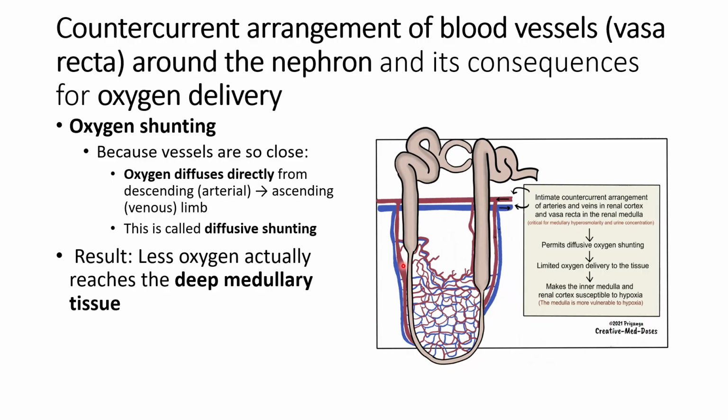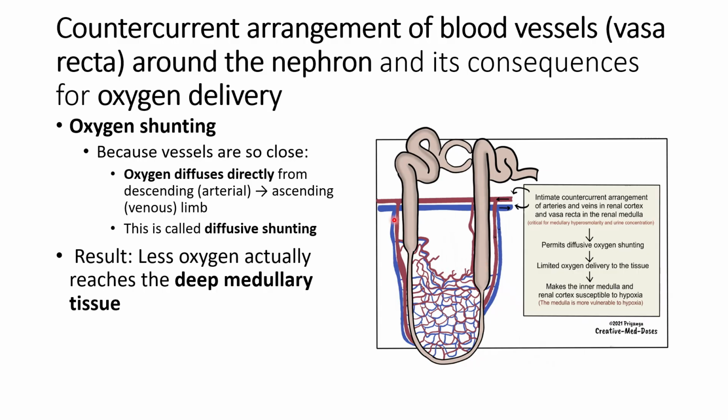So basically, why this sudden decrease in oxygen? This is because nature has made the countercurrent system. The loop of Henle is a countercurrent multiplier, and the peritubular capillaries are a countercurrent exchanger to maintain the gradient. But it is so intricate and so close that oxygen directly diffuses out from the descending limb of the peritubular capillaries to the ascending limb of the peritubular capillaries, forming a diffusion shunt.